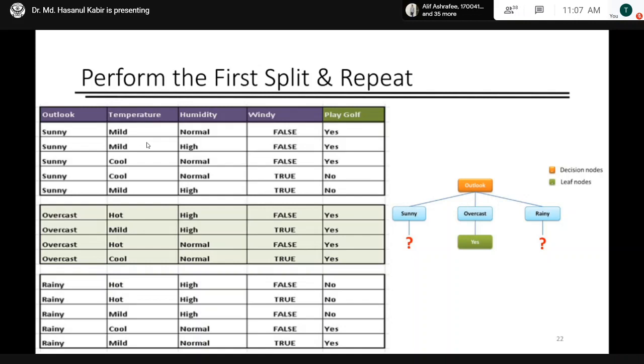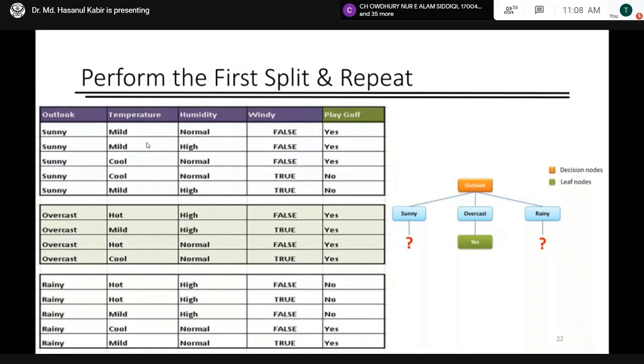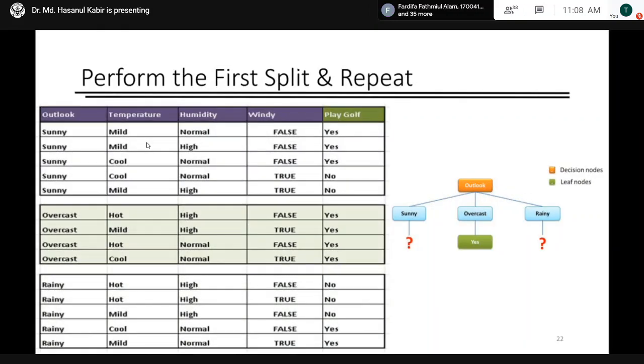So this will repeat again and again until all the nodes are pure. If a node is pure, we know that we have reached a leaf node. Like in the branch overcast, we have reached a leaf node, shown in green. The class label for that node is the one with the highest probability, right? Do you see it now? Yes or no? Yes, sir.